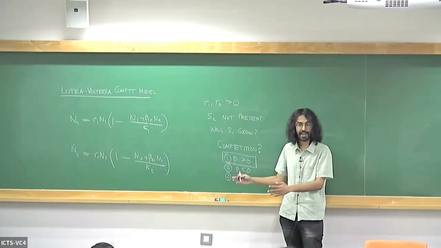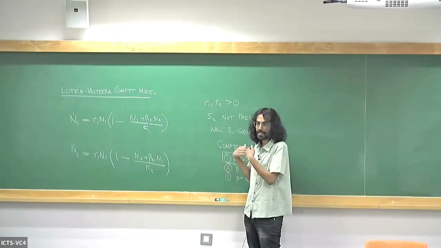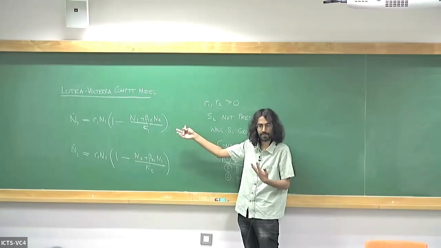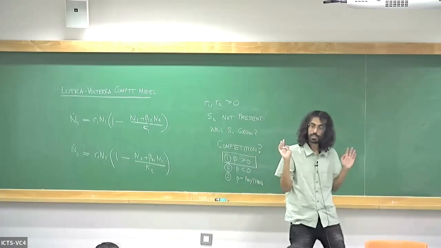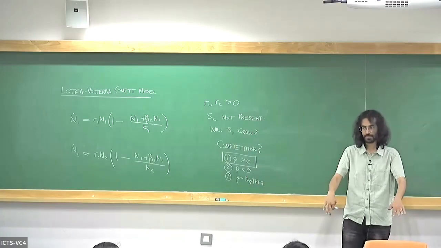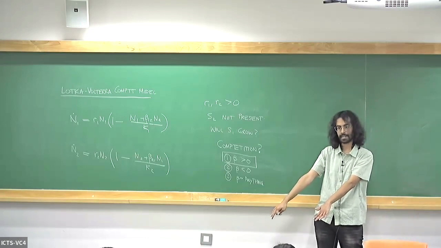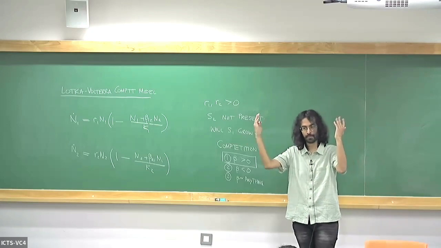In fact, this is a really interesting case where even in this simple model, in each other's presence, if the betas are strongly negative enough, even with R negative, these species could grow, right? And so this would be a case where on their own, these species would die because their logistic growth rates would be negative. But in the presence of each other, their growth rates would be positive and they would grow.